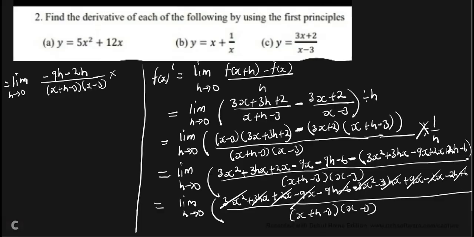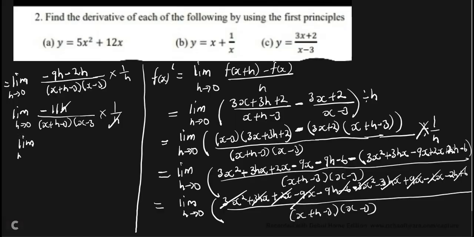Remember, we have times 1 over h. Now, what will be on top? It will be the limit as h approaches 0 of negative 11h over x plus h minus 3, then x minus 3, times 1 over h. Then this h and this h cancel.